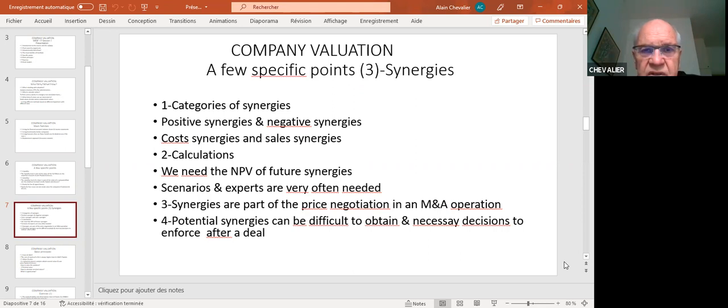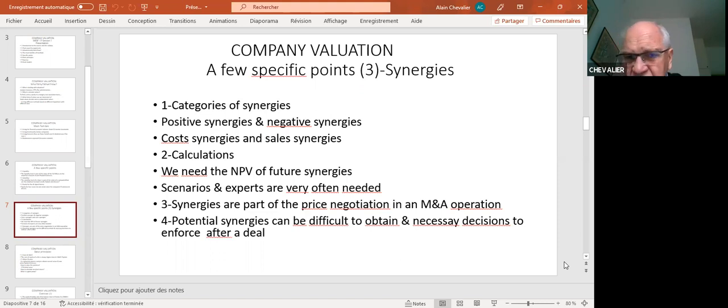Positive synergies can be, as we see on the second line, reduction in costs, and also increase in the level of sales. But you can also find negative synergies at the time of a merger, because both companies have very different cultures, very different organizations which are not compatible.